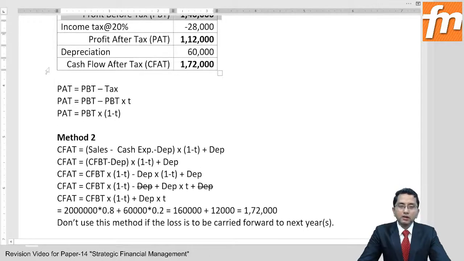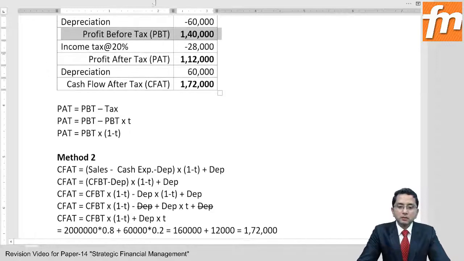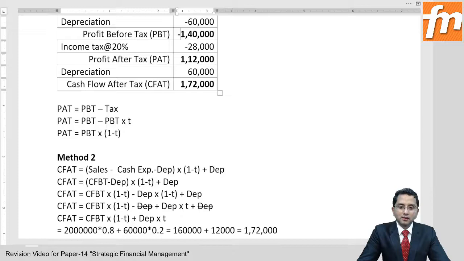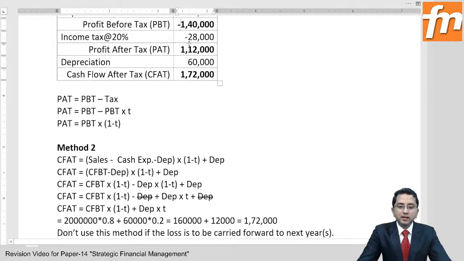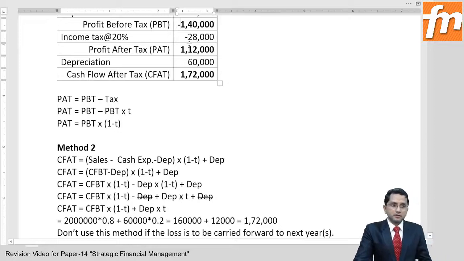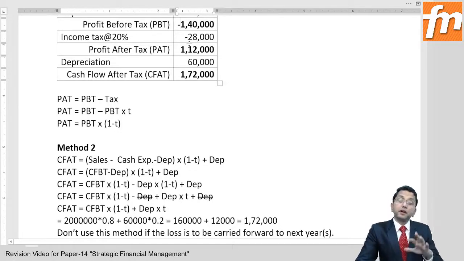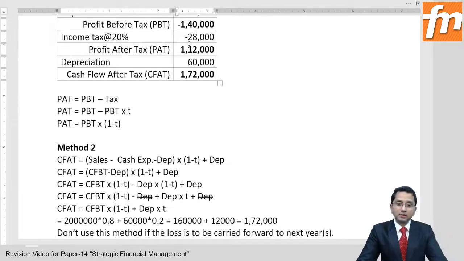There is loss. There are two ways. Number one, you assume I have other profitable business. Suppose this is, say, minus 1 lakh. There is a loss of 1 lakh, for example. Then you will say, I will deduct this loss from the profit of other business in the same year. And that way I'll have to pay lower tax in that other business.